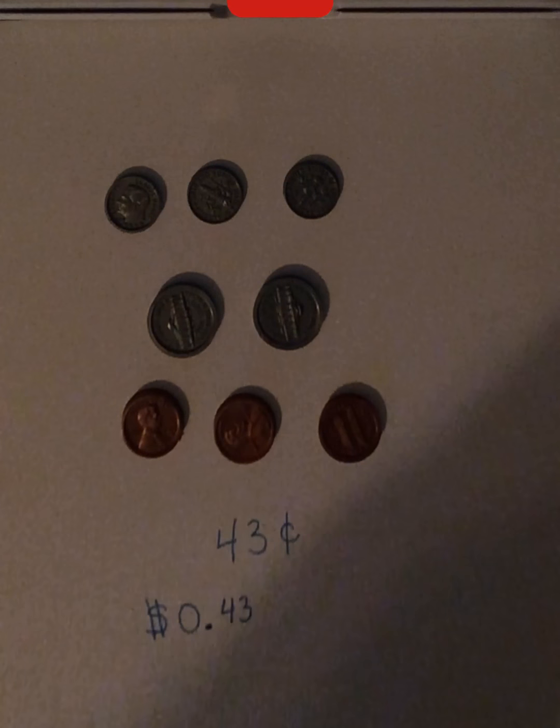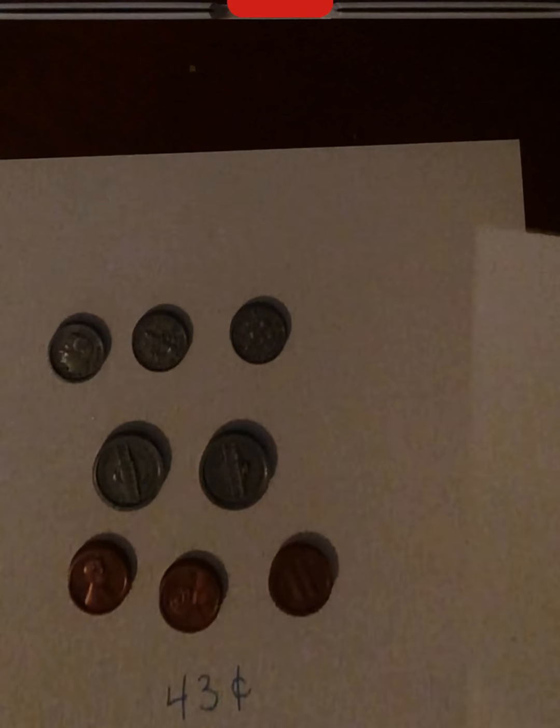Let's try counting another amount. Remember, we start with our coins that are worth the most amount first, which are our dimes. How much are our dimes worth?